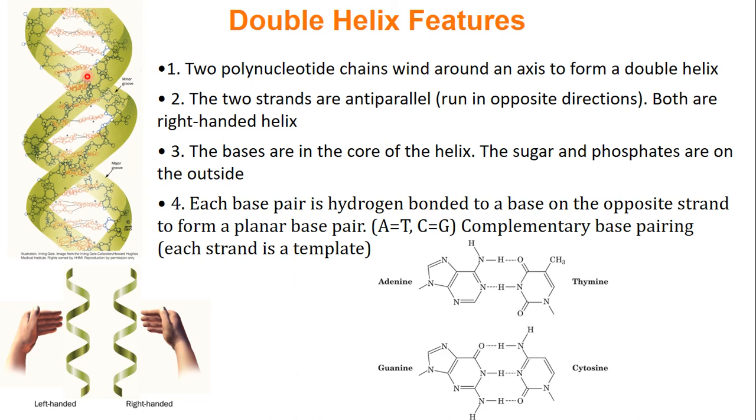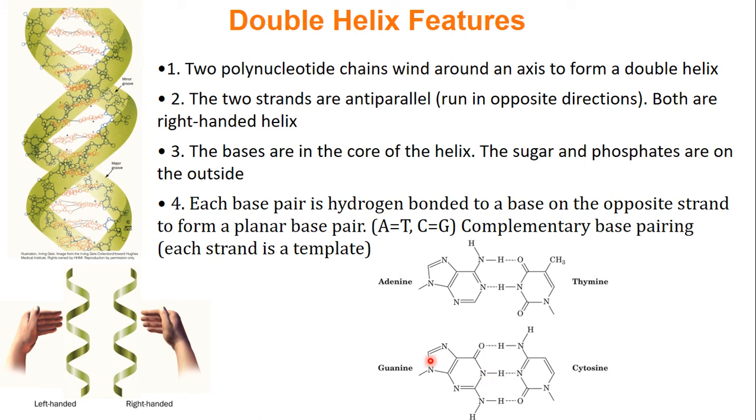Now, inside this DNA double helix, the bases are in the inside. And what they're doing, the bases are forming hydrogen bonds. Now, A always goes with T to form 2 hydrogen bonds, and G always goes with C to form 3 hydrogen bonds.